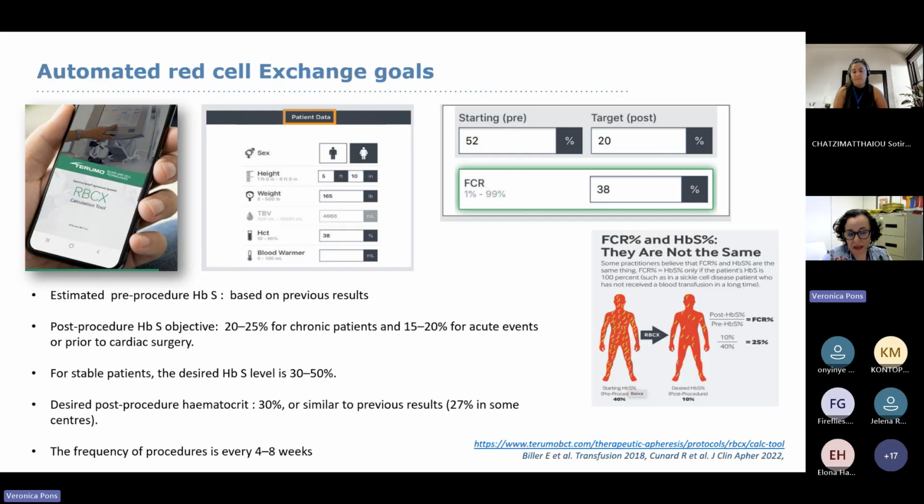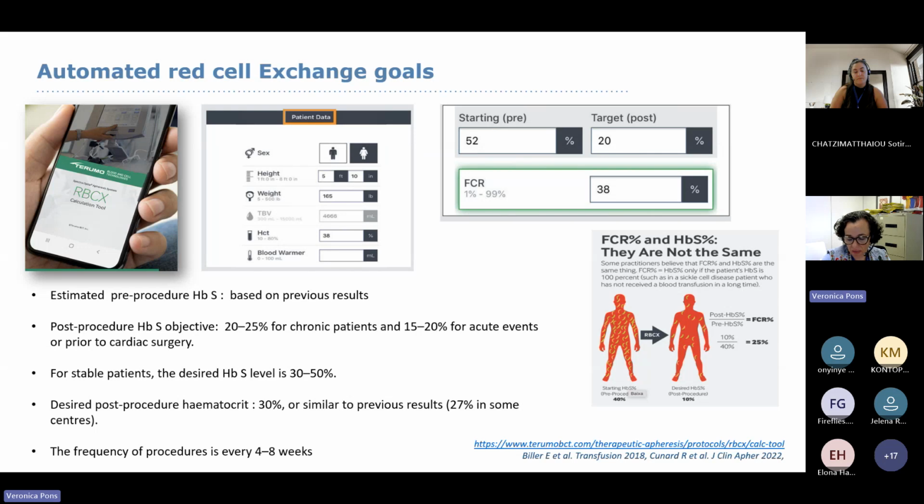Just to understand the process better, we will program the device according to the desired parameters. We will need a pre-procedural hemoglobin S level, which is usually estimated based on previous studies.